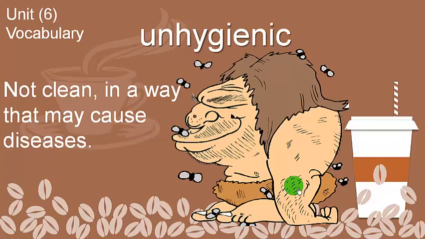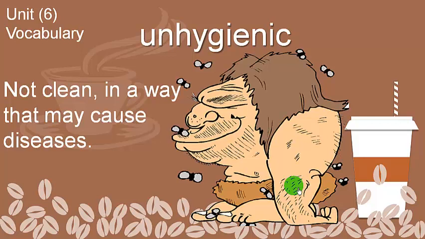What about unhygienic? Unhygienic, not clean, in a way that may cause disease. So this person is filled with dirt and there are flies all around him. He is unhygienic. If you see food in the open air with flies and germs and it is disgusting, so this is unhygienic, right?